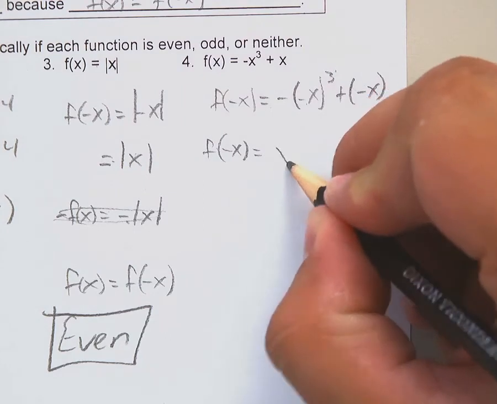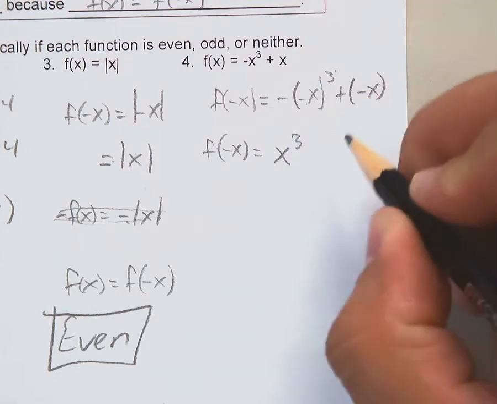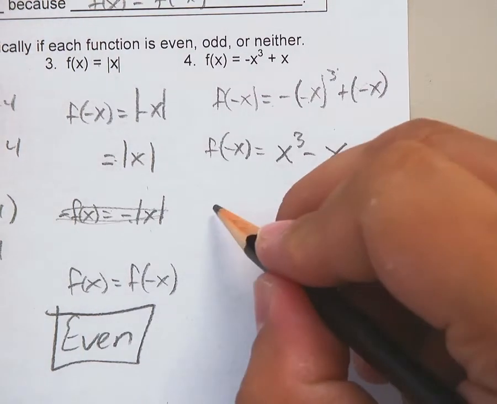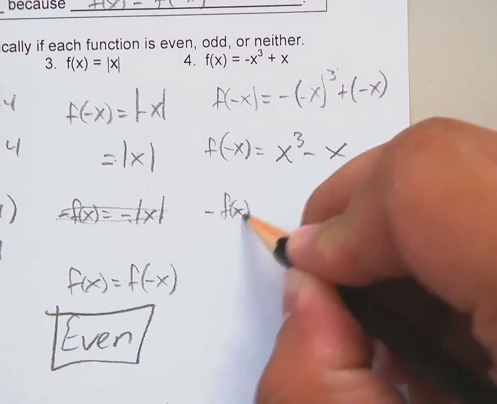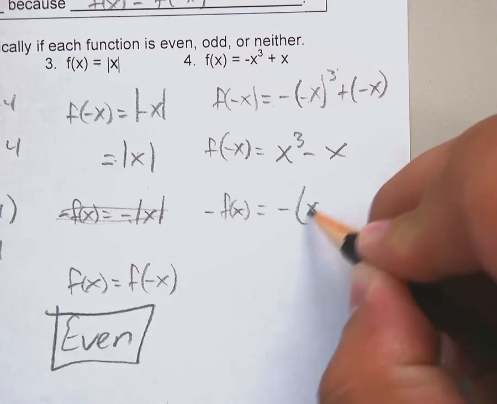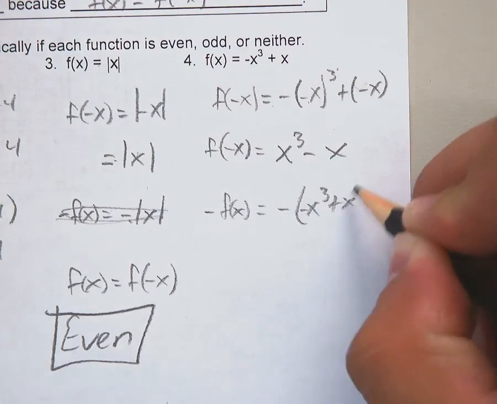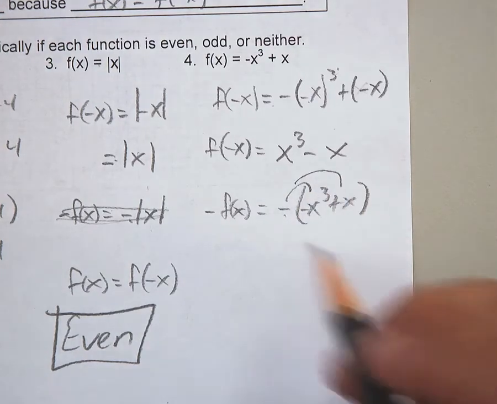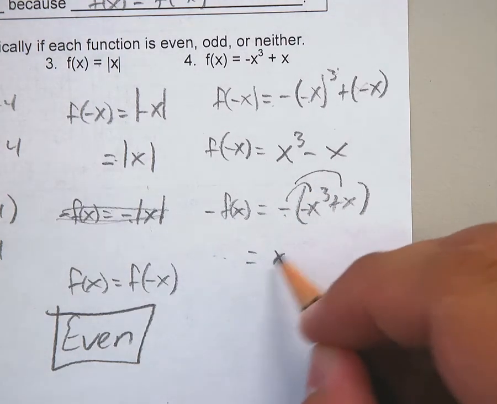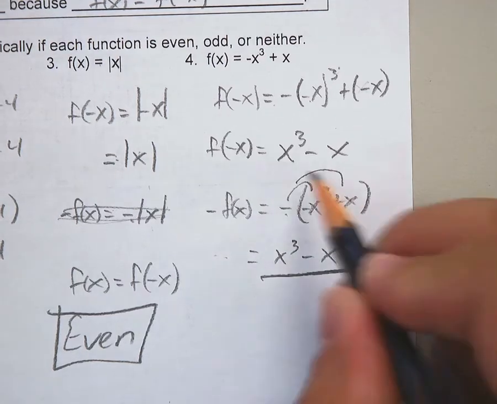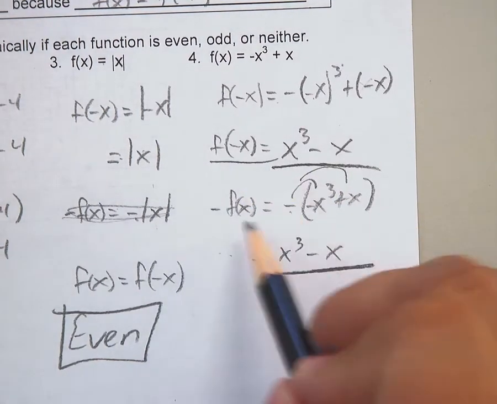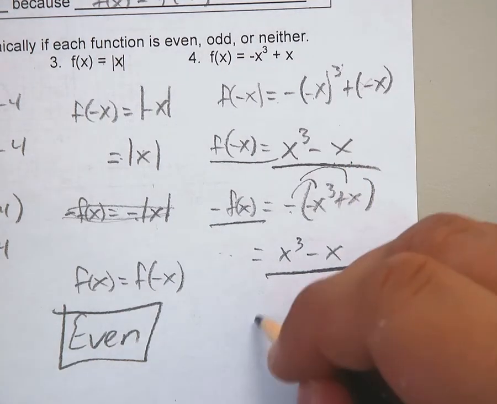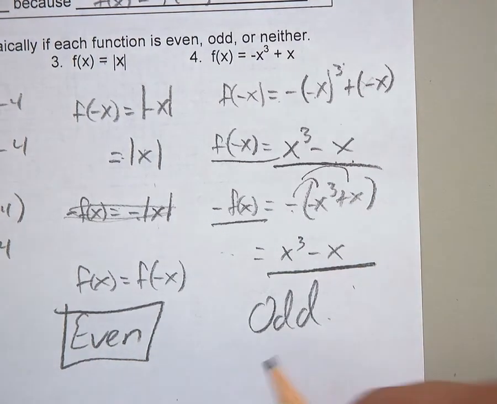So that's going to change that to a positive x cubed minus x. Now if you put a negative outside of everything, that's going to change this to a positive x cubed and a negative x. Notice how these two things are the same? These two are the same. That means it's an odd function.